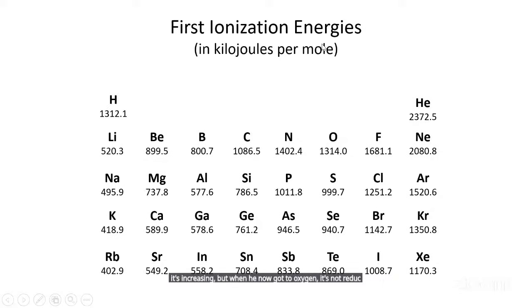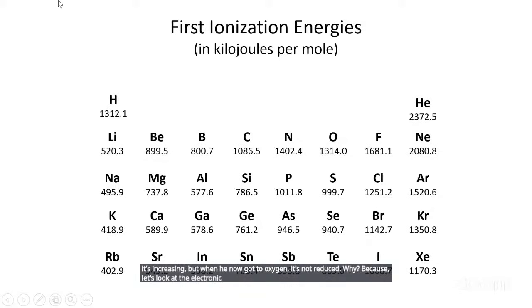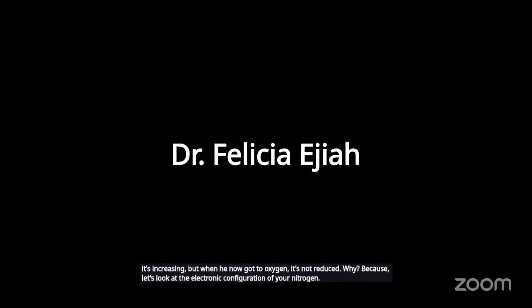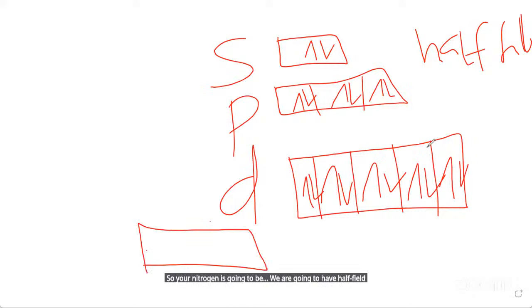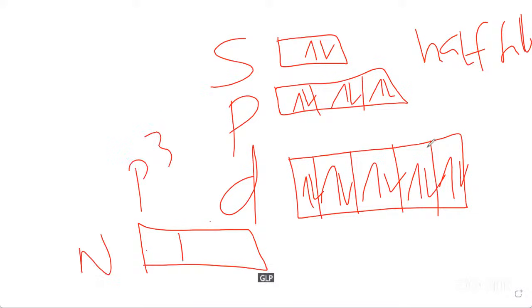Why? Let's look at the electronic configuration of nitrogen and oxygen. Nitrogen has half-filled stability, that is p3: 1, 2, 3.